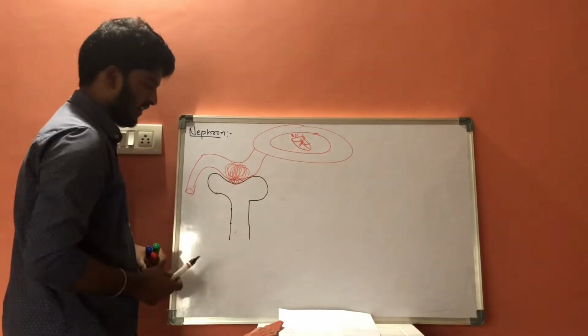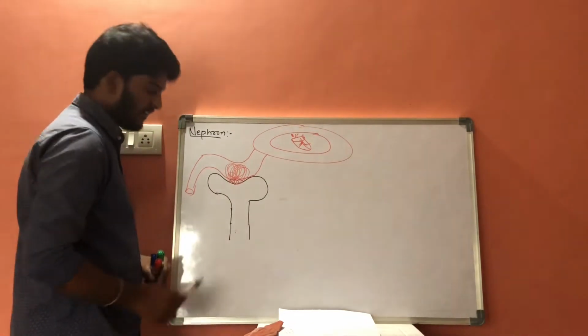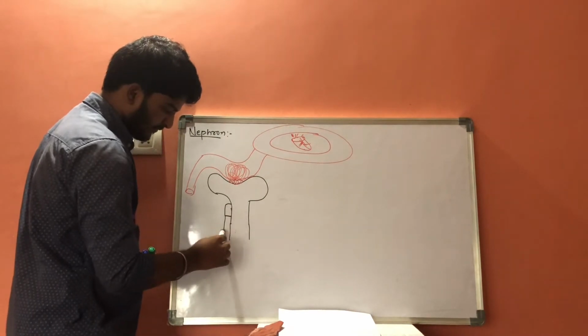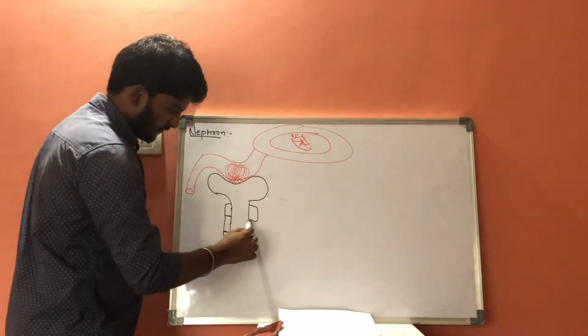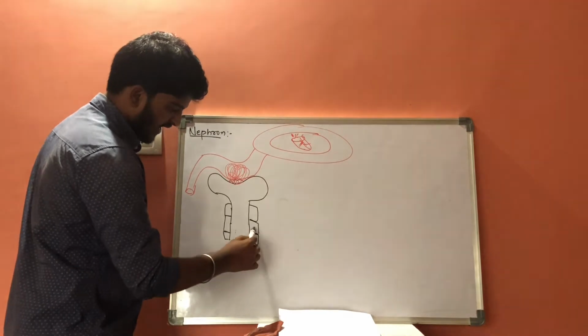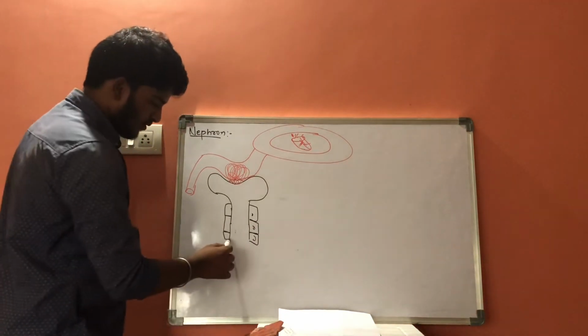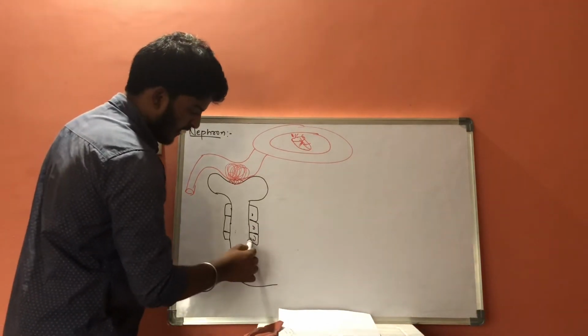Continuing from this Bowman's capsule, this is called the PCT. Now this PCT is lined by a special type of epithelium. So this is the next part.